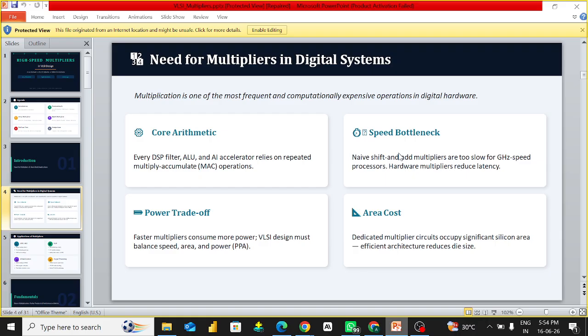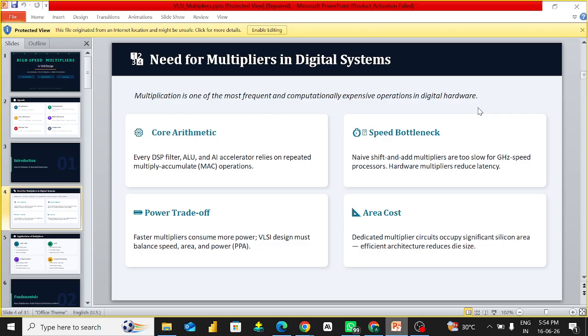Suppose we perform multiplication using repeated addition. For example, if you want to multiply 5 into 6, the answer is 30, right? But instead of performing A into B directly, think of performing this multiplication using repeated addition, meaning adding 5 six times: 5 plus 5 plus 5 plus 5 plus 5 plus 5.